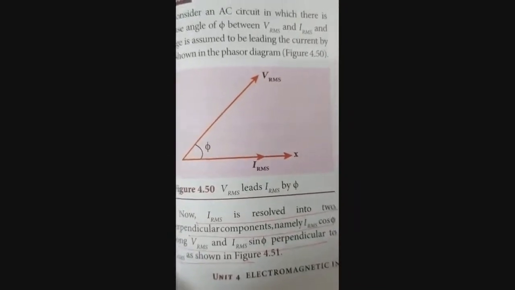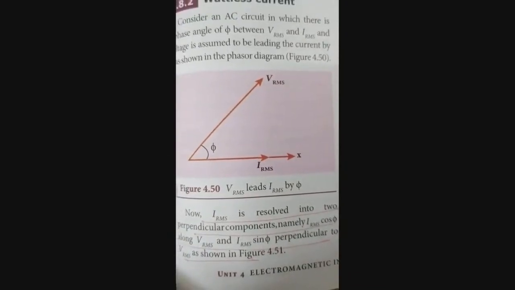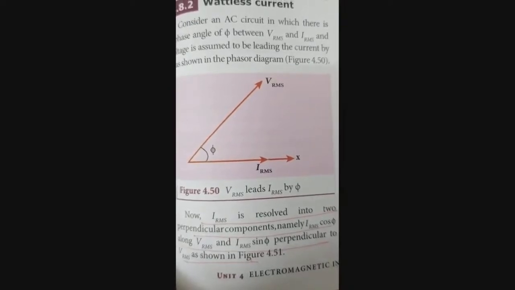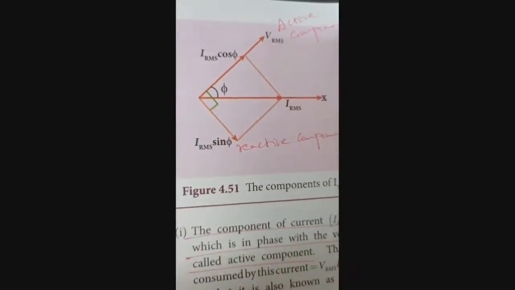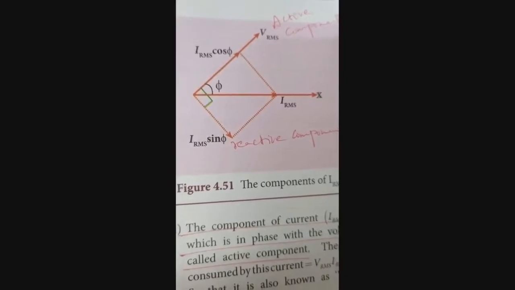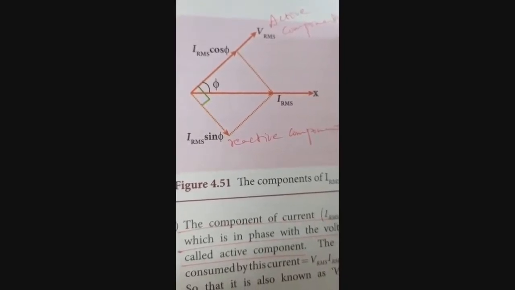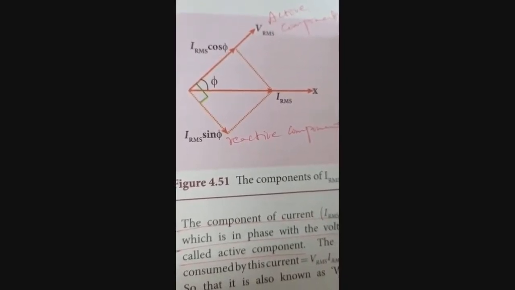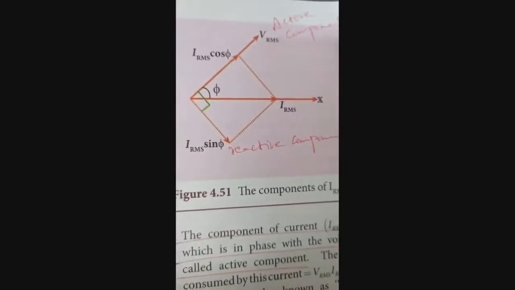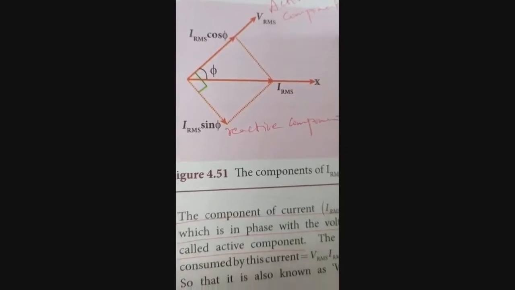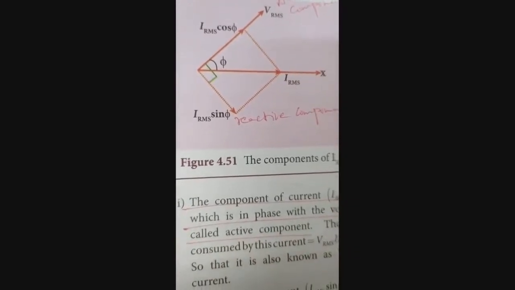So this Irms is split up into 2 perpendicular components. In this diagram, Irms is split up into Irms cos phi and Irms sin phi. Here Irms cos phi is along the voltage and Irms sin phi is perpendicular to Vrms. The cos phi component is called the active component, whereas the sin phi component is called the reactive component.